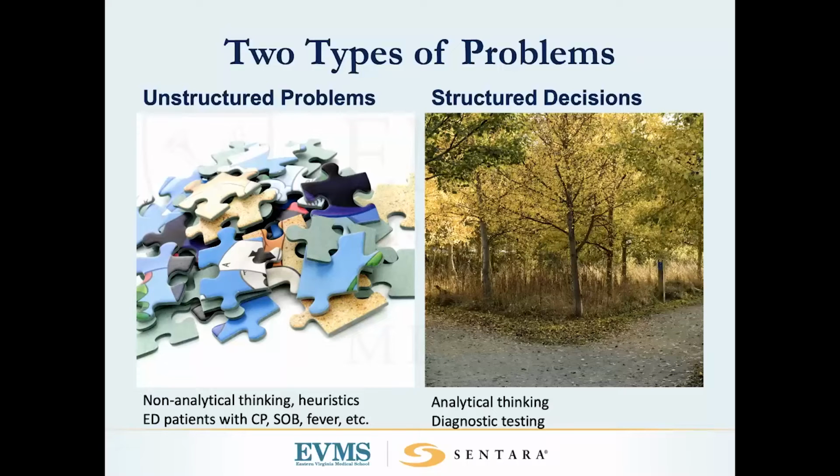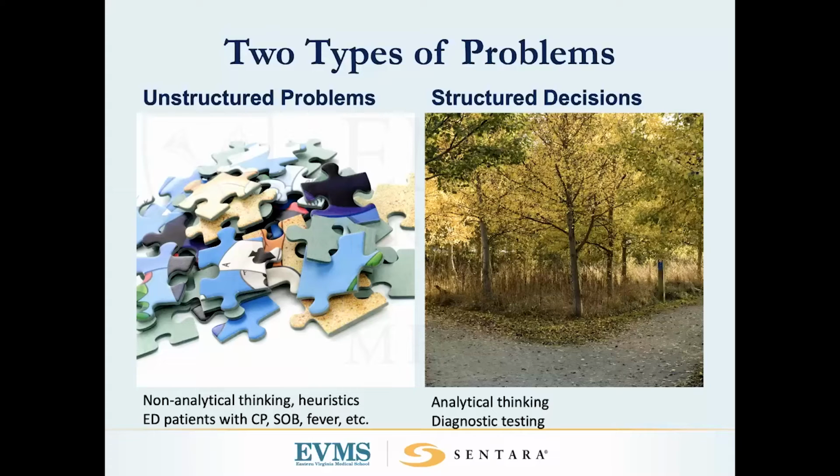Unstructured problems are like a pile of jigsaw puzzle pieces, and this is sort of similar to running into the emergency room and seeing a patient. You have all kinds of scattered pieces of information that are thrown your way. And your job is to sort through those pieces of information, similar to sorting through and looking for the edge pieces and sorting by color, sorting the pieces of a jigsaw puzzle.